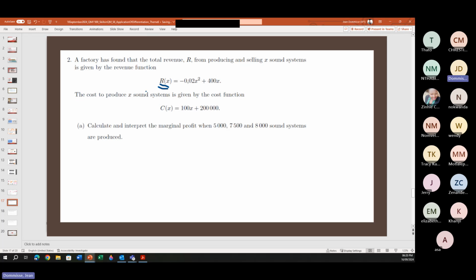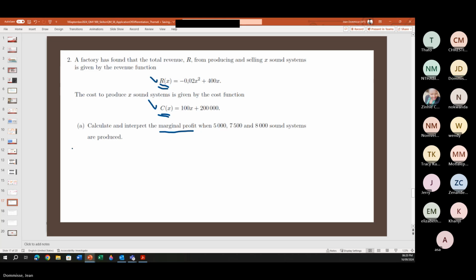Then they say the cost to produce this is given by the total cost function. Okay, cool, so there you have those two functions. Then they ask us to calculate and interpret the marginal profit when production is 5,000, 7,500, and 8,000. So let's first work out marginal profit.